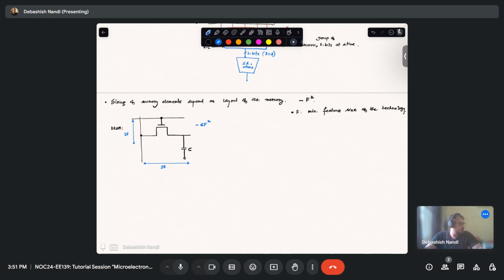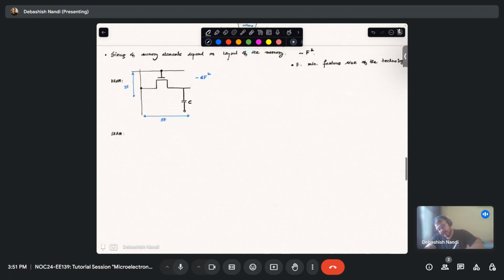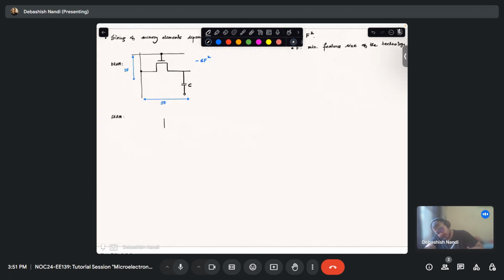Okay, and what about your SRAM? Your SRAM will look something like this. This is your bit line, this is your bit line bar, this is your word line.